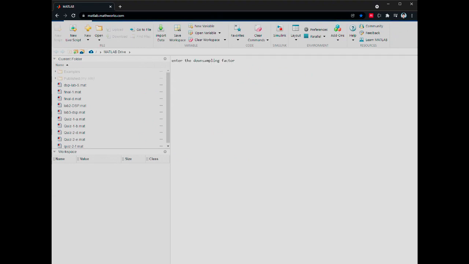For the downsampling factor, we will use the downsampling factor from the last lab experiment, that is 5. Then the length of the input signal will be 100.